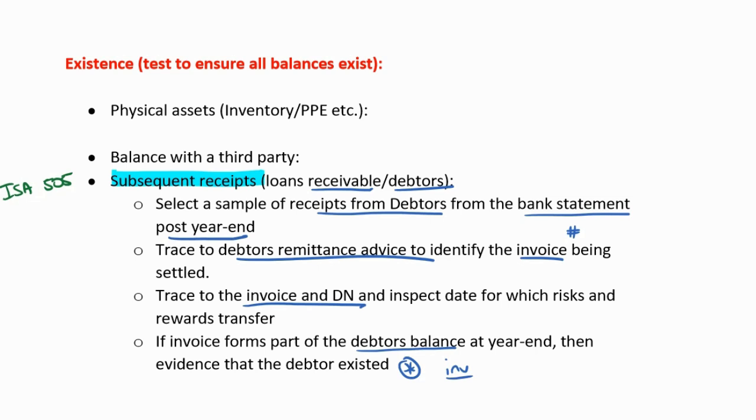So, having said that, we are now at existence and we want to ensure that all the balances do exist. So if there's a physical asset like inventory or PPE, where and how am I going to perform my test to make sure that what they've got in their accounting records is valid? It does exist. They haven't put assets in the accounting records that don't exist.